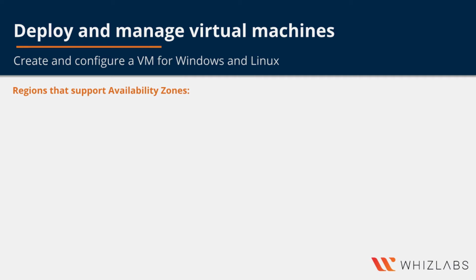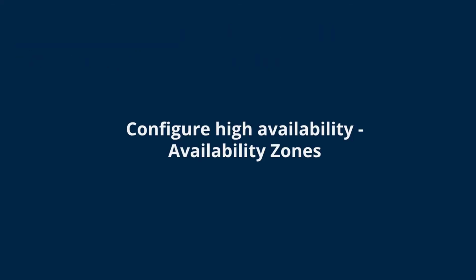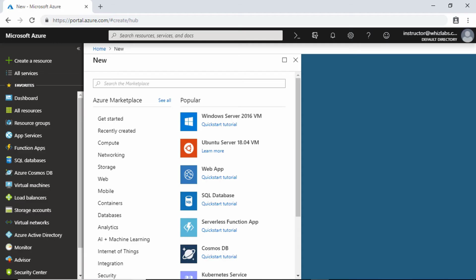So these are some of the regions where availability zones are supported right now. And let's talk about creating a Windows virtual machine in an availability zone, or creating a zoned Windows virtual machine. Creation of a zoned Windows virtual machine is very simple.